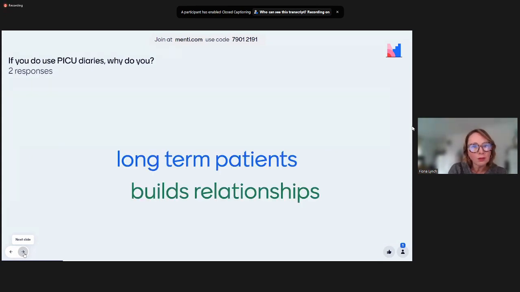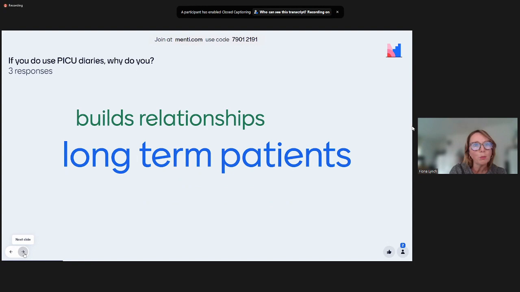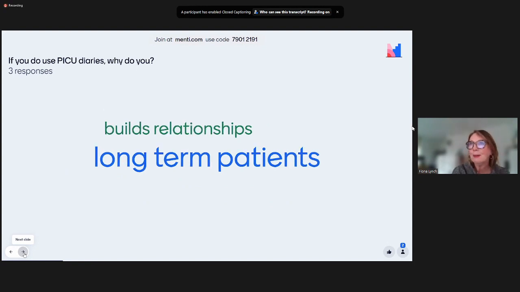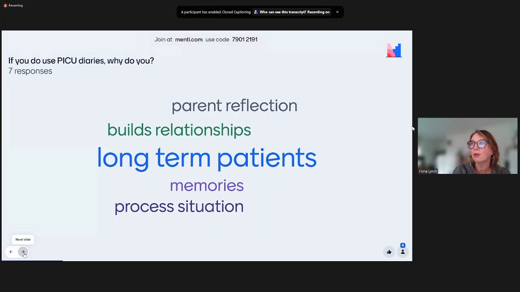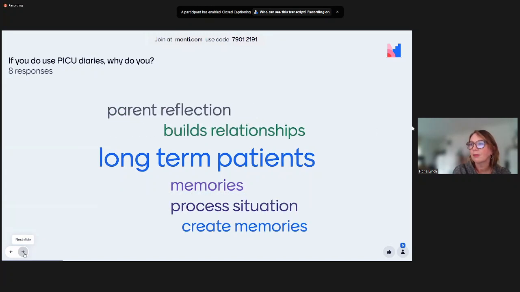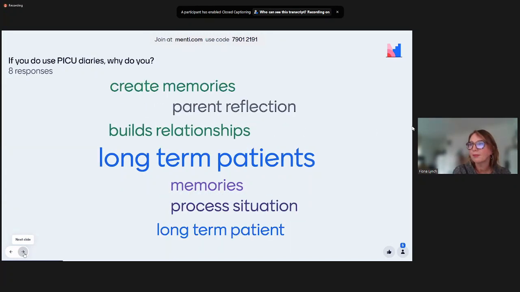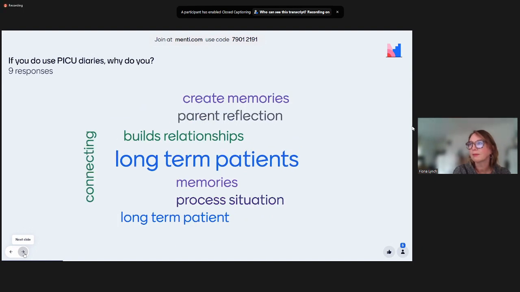I'm sure those of you who've used word clouds before know the bigger the word means that more than one person is saying the same things. So we've had 3 responses: long-term patience, memories, process the situation, connecting, parent reflection. Brilliant.